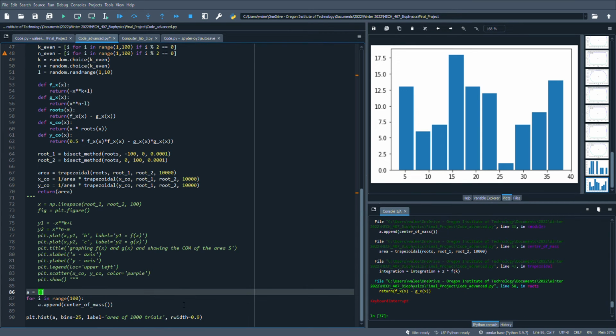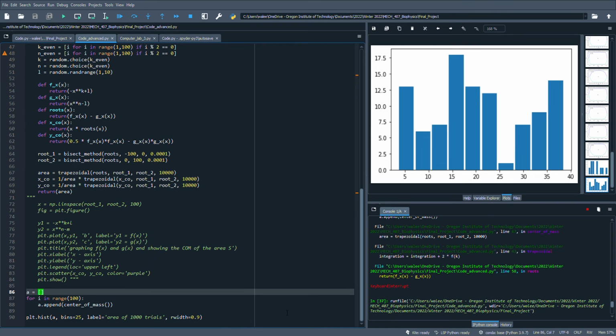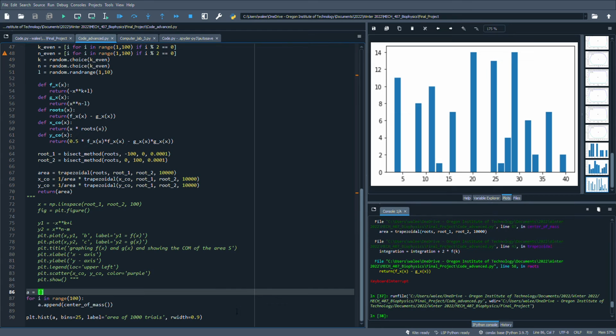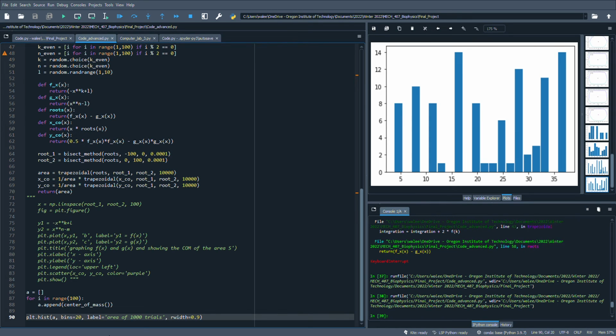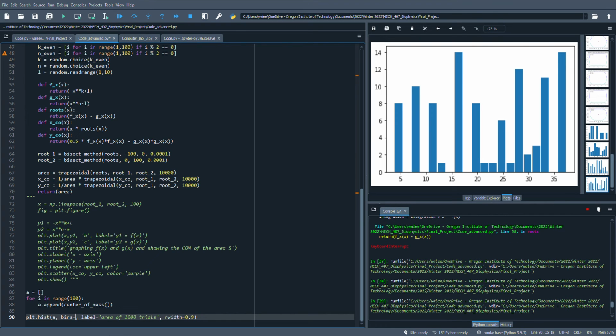Let's just run it 100 times with 25 bins. I just want to know what would happen. No, it doesn't seem to be working. Yeah, it seems like 10 was a good choice.